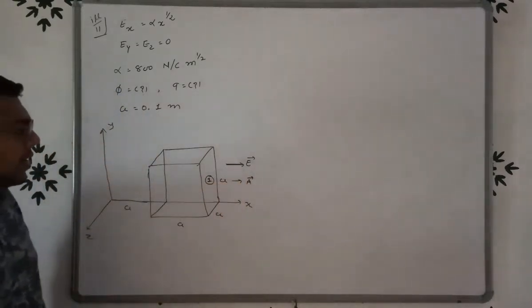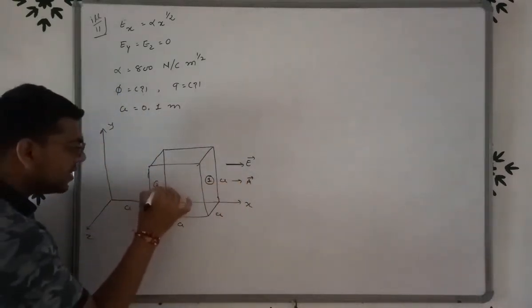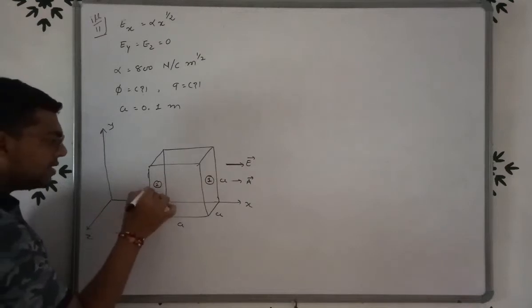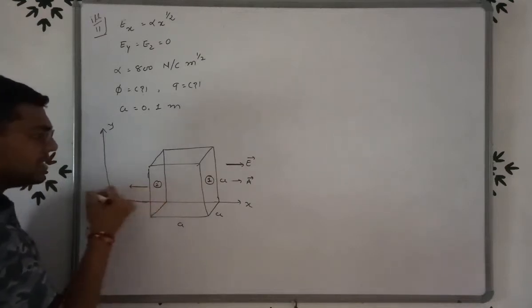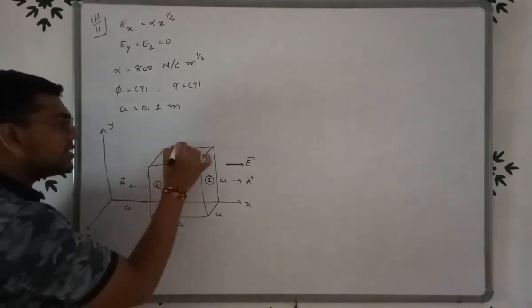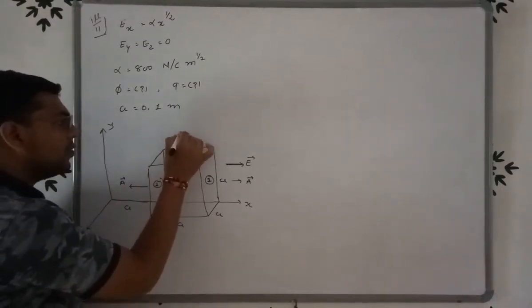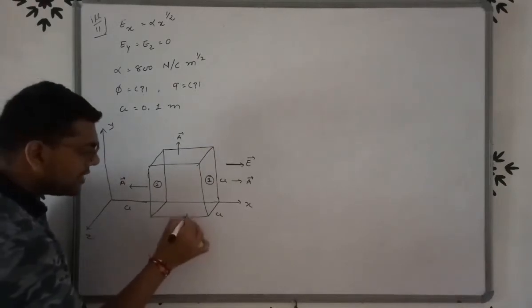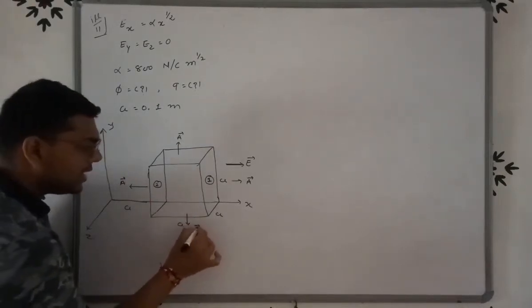Like this. Now for the second surface, the area vector is outward, which is on the left hand side. For this surface, the area vector is outward like this.